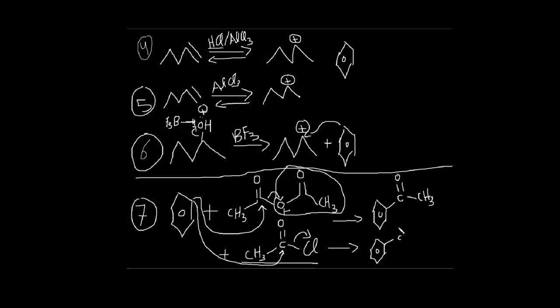So you get the same thing. Obviously, if there is water in the environment, you get HCl. Okay, so these are the variations of the Friedel Crafts reactions, the alkylation and the acylation.